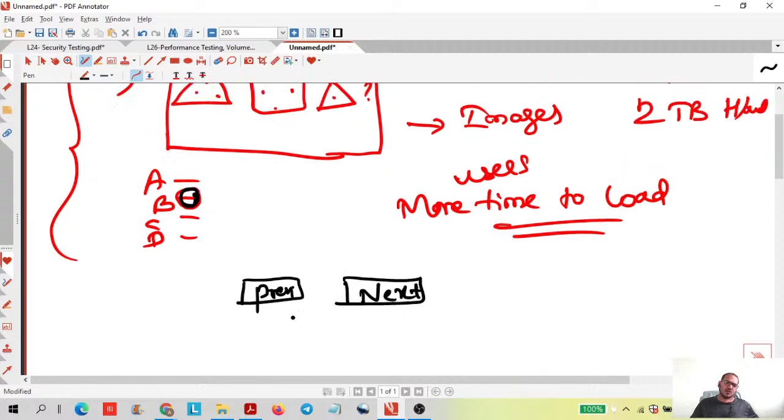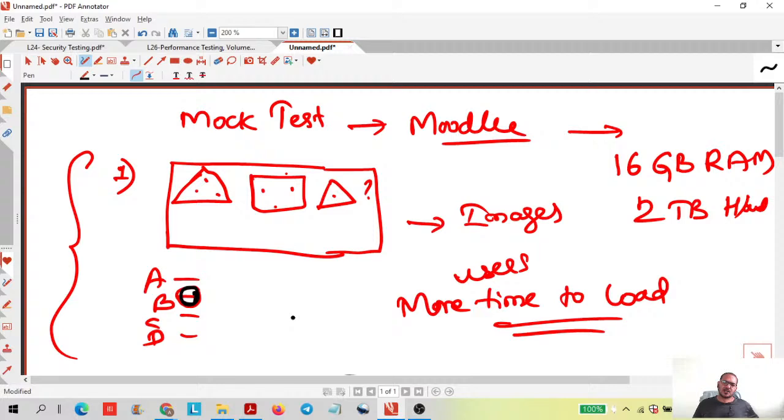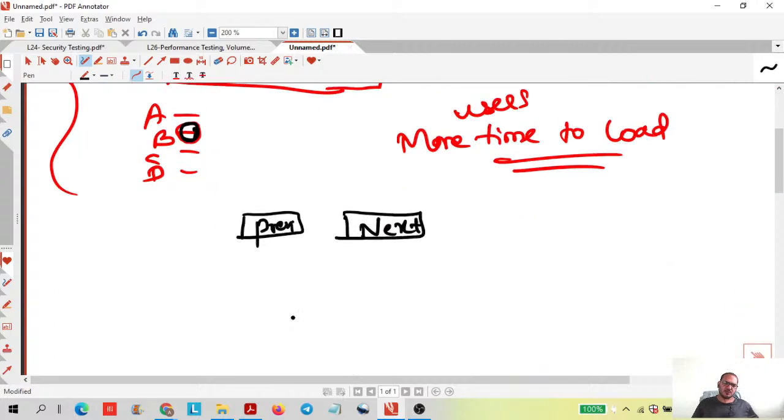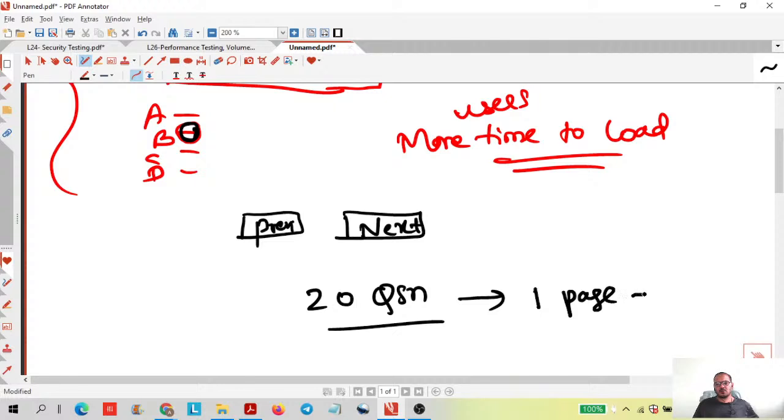So we thought to display at least 5 questions on one page. If there are 20 questions, earlier it was one question per page. If 500 students are attending the test, 500 people are clicking the correct option and the next button.